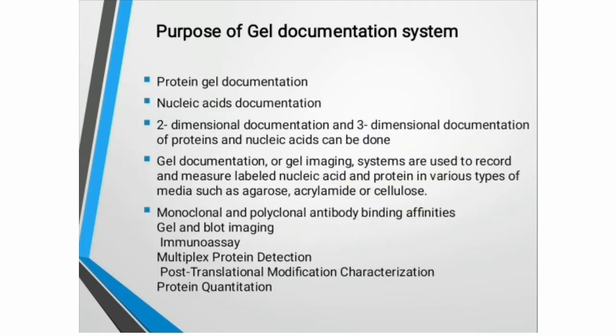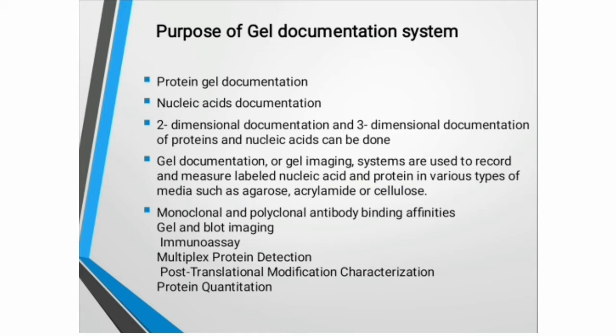Purpose of the gel documentation system: protein gel documentation, nucleic acid documentation, and 2-dimensional and 3-dimensional documentation of proteins and nucleic acids can be done. Gel documentation or gel imaging systems are used to record and measure labeled nucleic acids and proteins in various types of media such as agarose, acrylamide or cellulose.